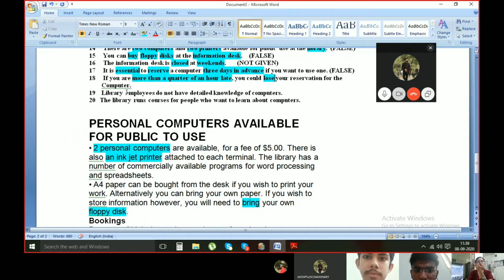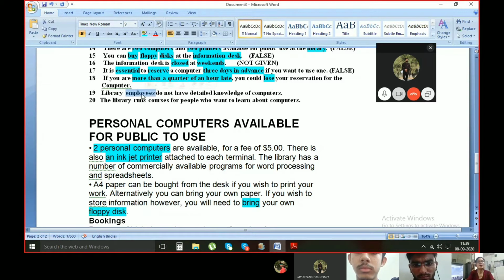Okay, question 19 also I'll read. Now do you know why I read two questions? Because see, 17 question I read, 18 question I read, but 18 I got, but 17 I didn't. So immediately I wrote not given, right? So find out quarter of an hour. Library employees do not.